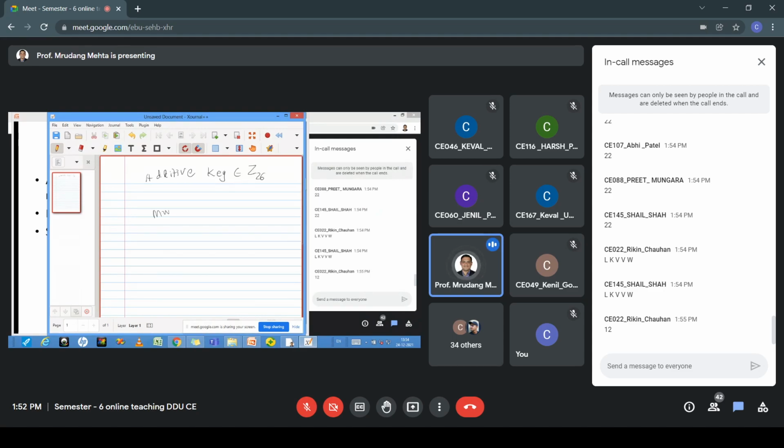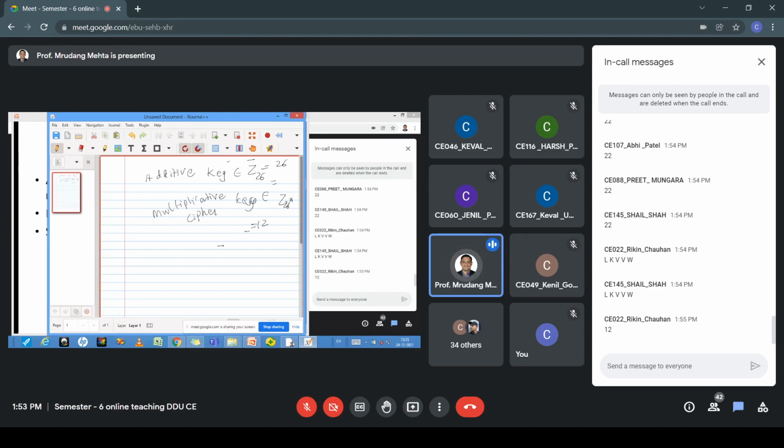And in multiplicative cipher, the key is from Z26 star. The key domain in Z26 is 26 and in Z26 star it is 12. We just discussed it in the beginning of the lecture, right?